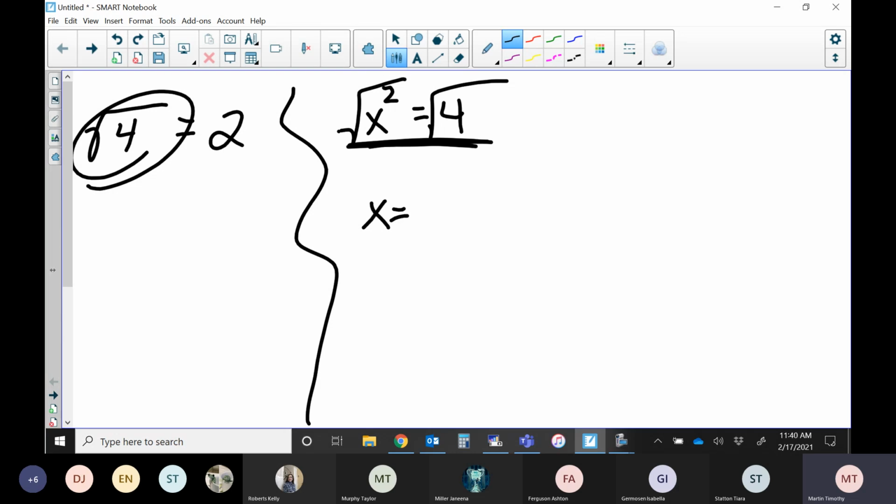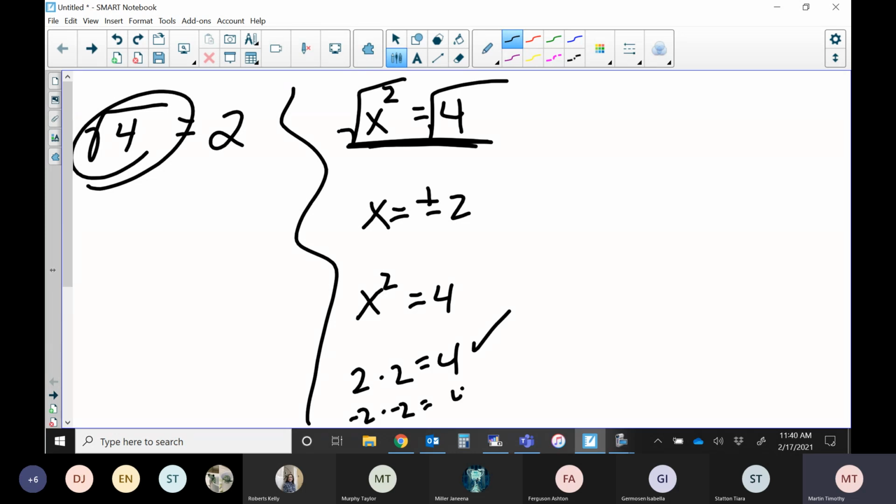So when I put the square root sign in, I must put a plus or minus sign. Why? Because the person asked me what number times itself equals 4. Well, 2 times 2 is 4. Check. But negative 2 times itself, negative 2, is also 4. And they wanted what number times itself. So I have to give them both answers.